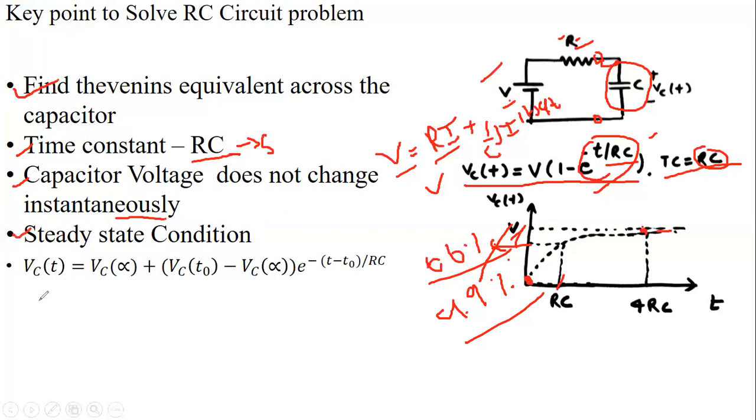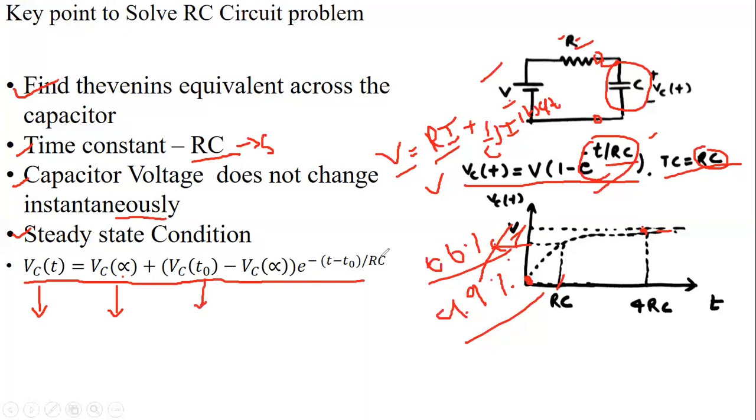Okay, here we have shown a relation of capacitor voltage at different time instants. So VC(t), what is VC(t)? It is the voltage across the capacitor at time t. VC(infinity) is the capacitor voltage for a long time, or the steady state voltage. t naught is the time at which switching is done.